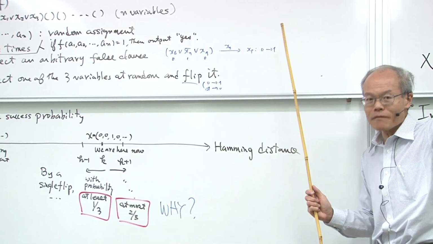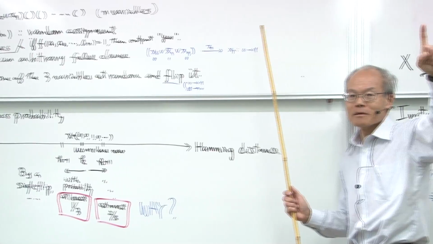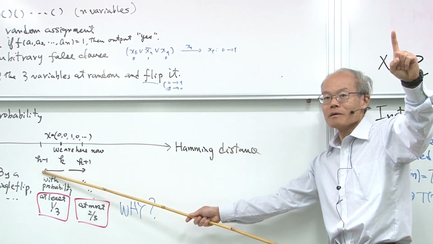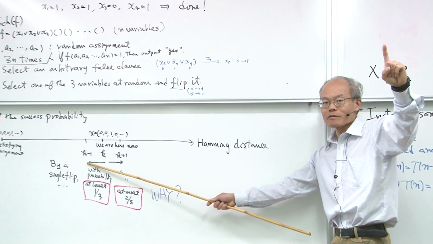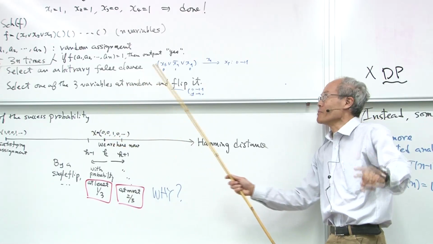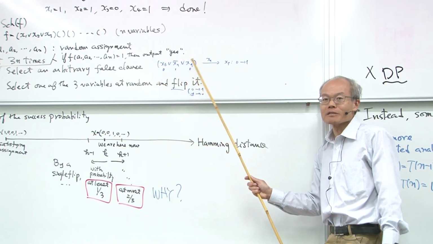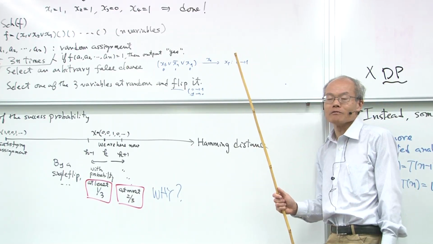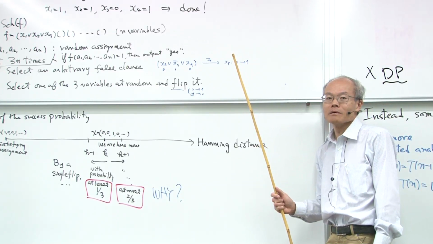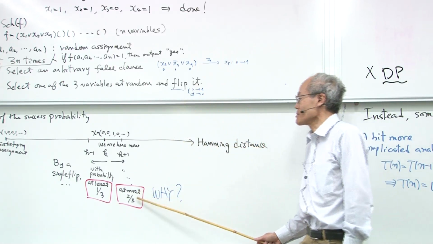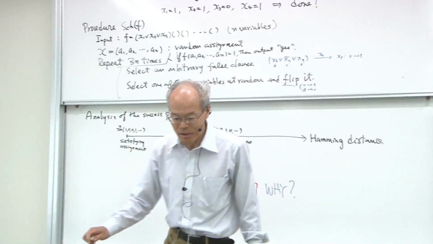At least 1 bit is different. If you can hit it, then you can go there with probability, of course, at least 1/3. Why at least? Because there may be 2 bits that are different from the final goal. Then your task is much, much easier. Right? Okay, now you understand this.